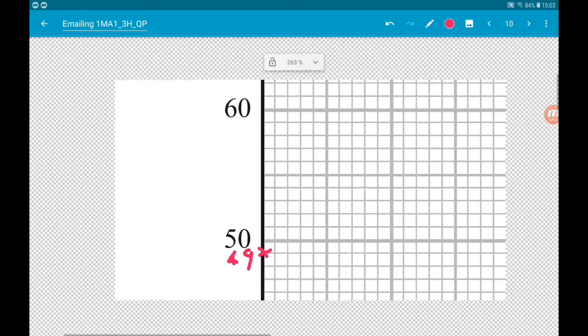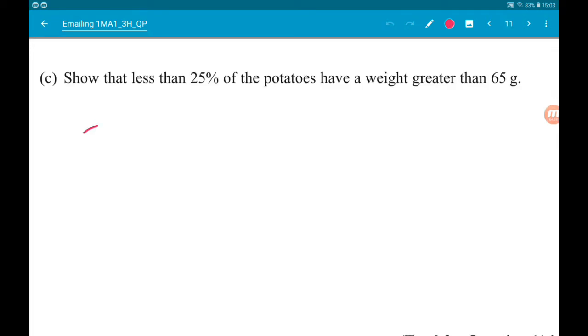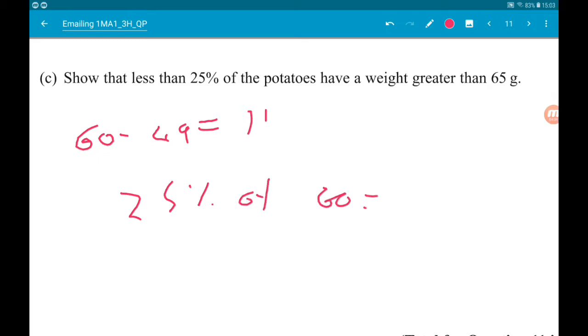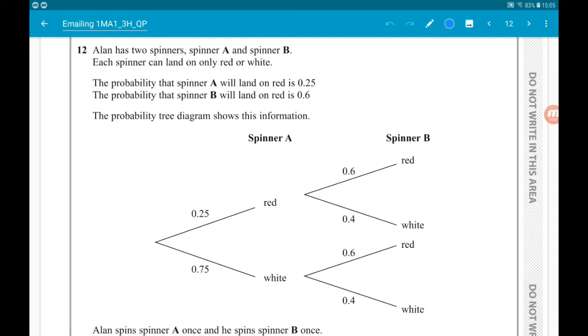So then we do 60 minus 49, which is 11. 25% of 60 is 15, 11 is less than 15, cube. Okay, number 12, even more probability.